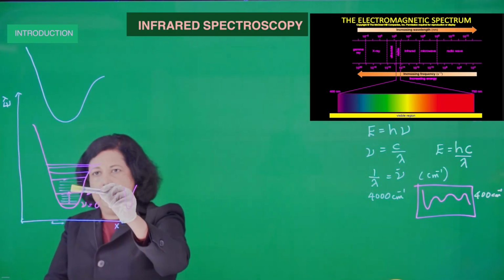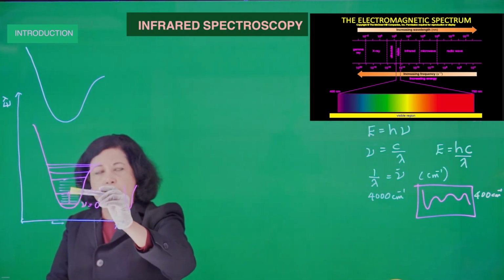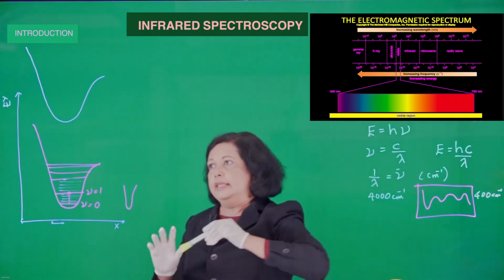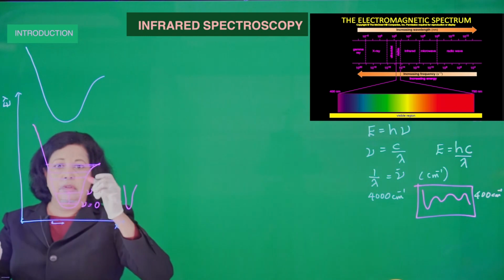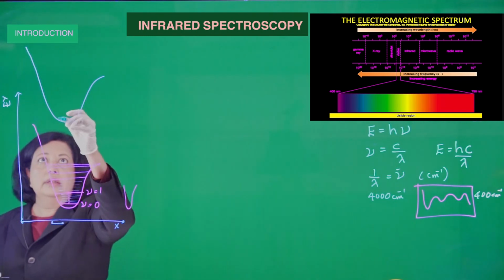So here's your rotational spectra in the microwave region. Here's your vibrational spectra in the infrared region. And if you put some more light into it, you can even go to UV-vis. Let's say you're going from here all the way to here.